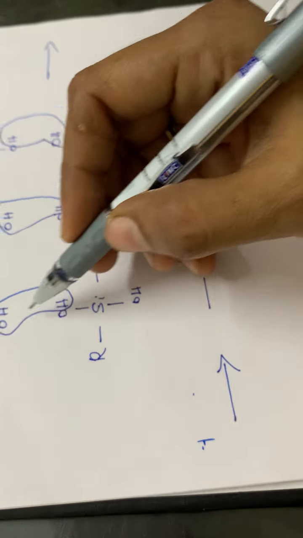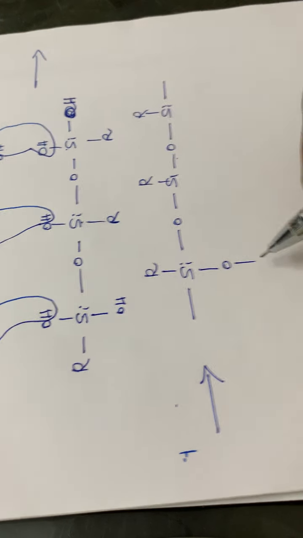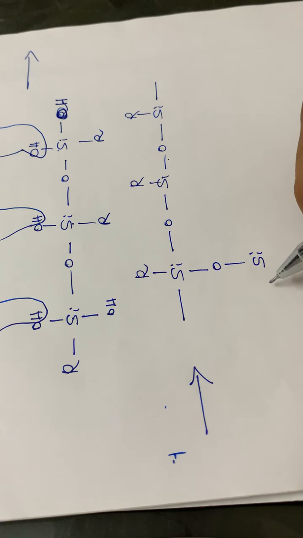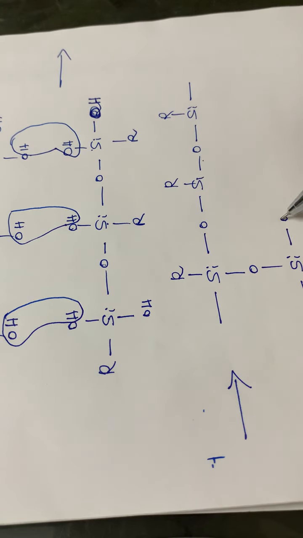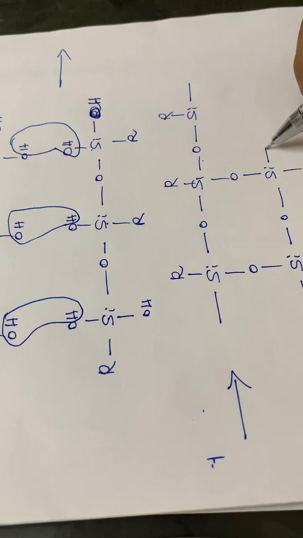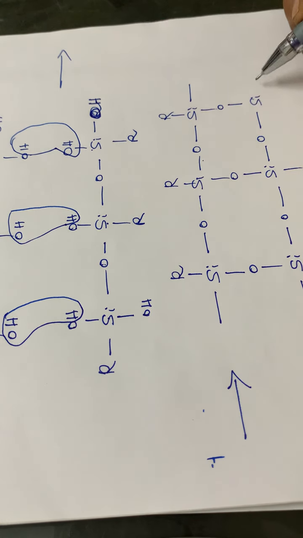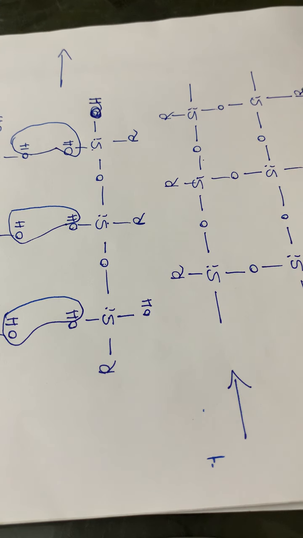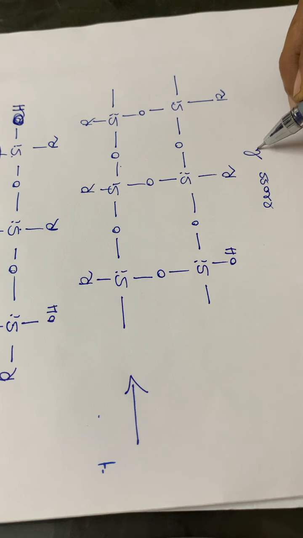Then the next one, at this portion I am linking, that is SiO, Si, then OH, then again oxygen atom, then another Si linked through an oxygen, here it is an alkyl group, then again oxygen atom, then silicon, then here also one oxygen, like this. Here it will be alkyl group. Okay, so here we have got a cross-linked polymer, isn't it?